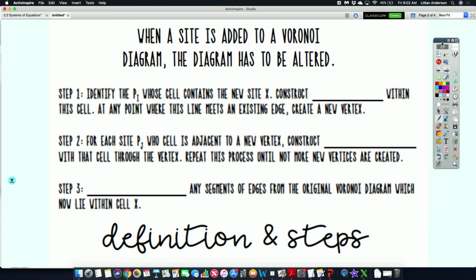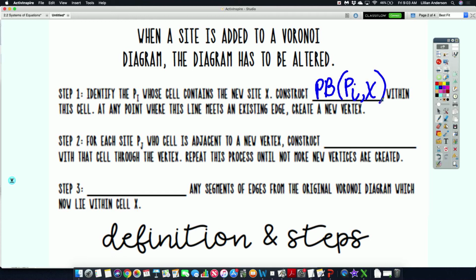From there, you're going to construct a perpendicular bisector within this cell. I'm going to abbreviate perpendicular bisector as PB. You're going to see me do that often. You're going to construct a perpendicular bisector between that site that's already on your Voronoi diagram and the new site that you're trying to build in.